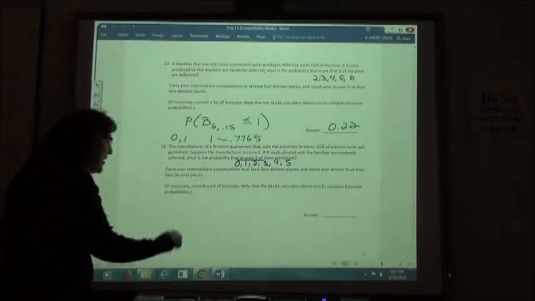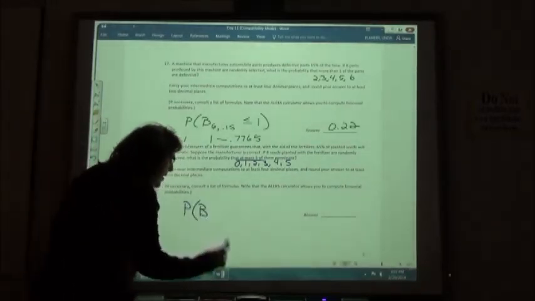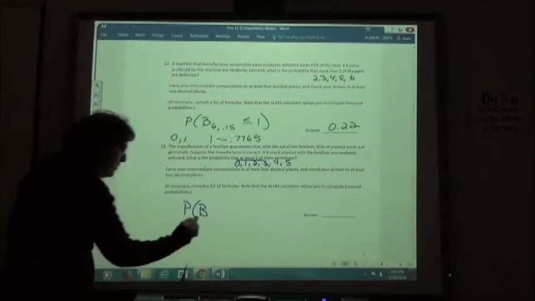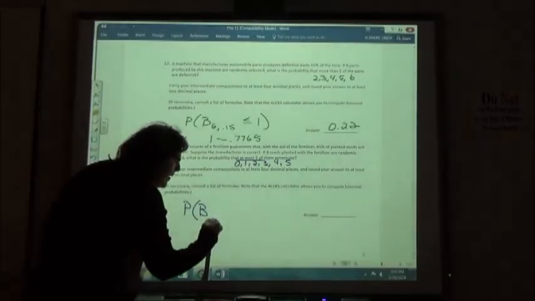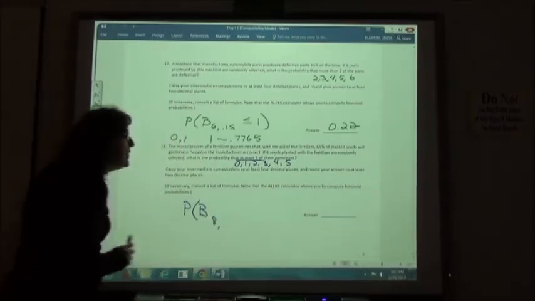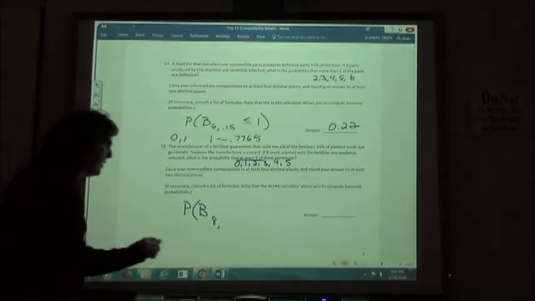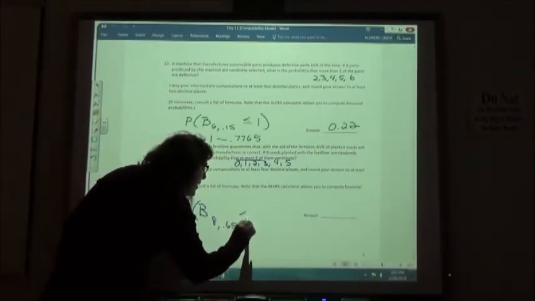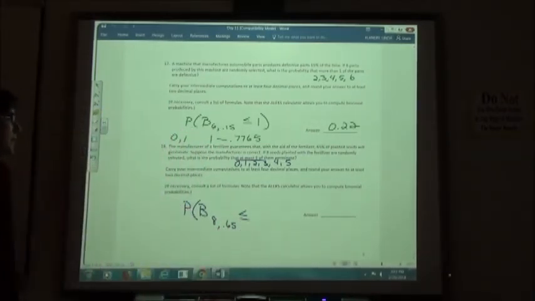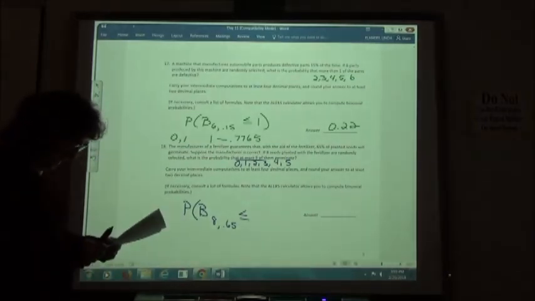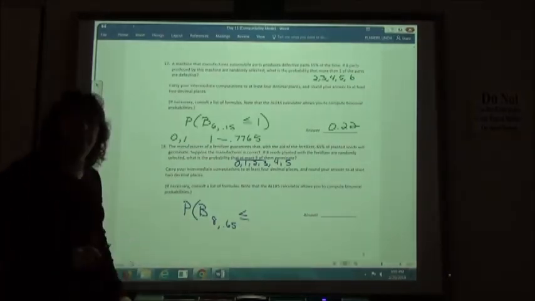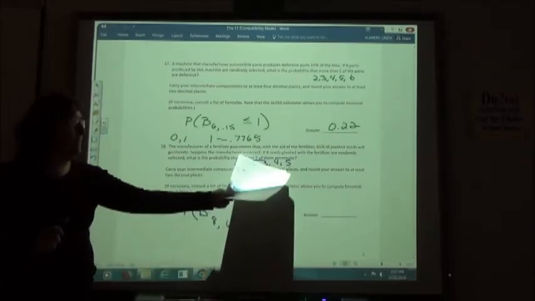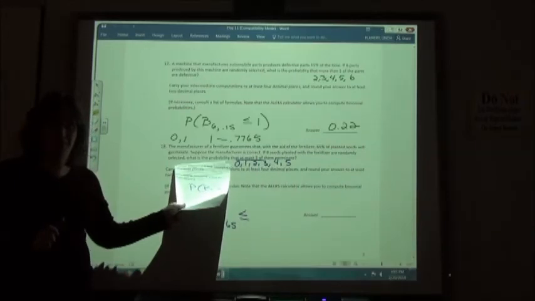So on my Alex calculator, I'm doing my binomial distribution. I have a total of 8. The percent that they're going to germinate is 0.65, and I'm doing less than or equal to 5, right?